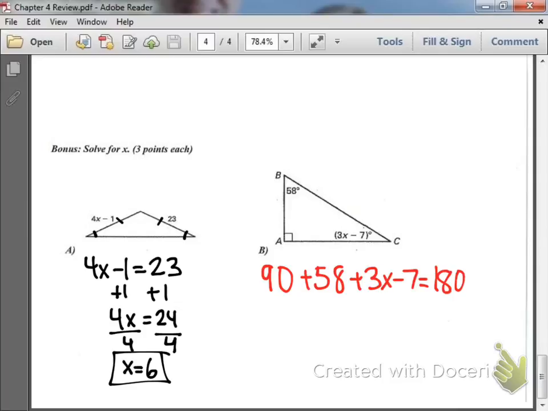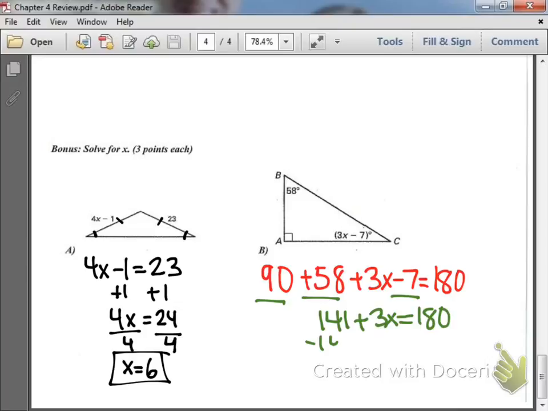90 plus 58 plus 3x minus 7 equals 180. Now, solving this is a little more challenging because I have a bunch of like terms over here. So you need to do 90 plus 58. That's 148. Minus 7 is 141. Plus 3x equals 180.